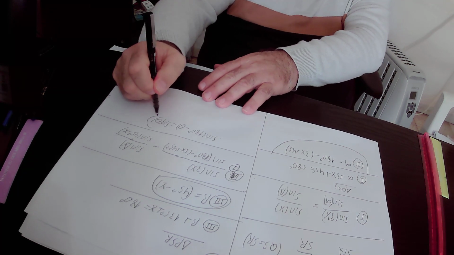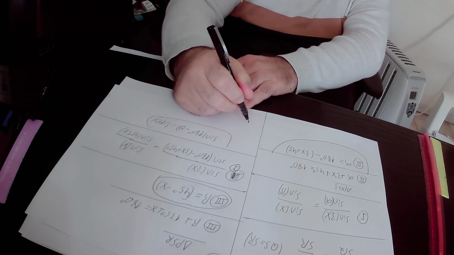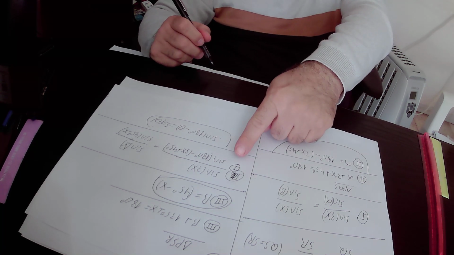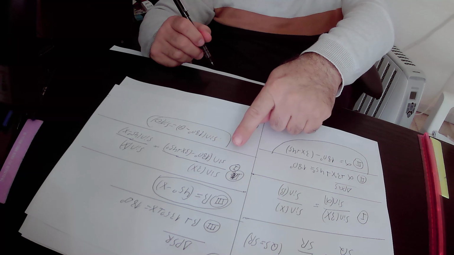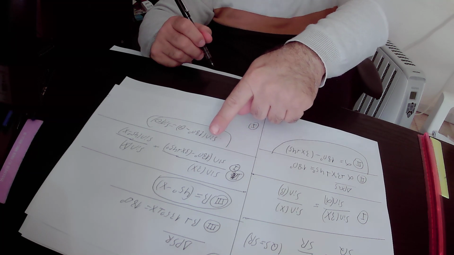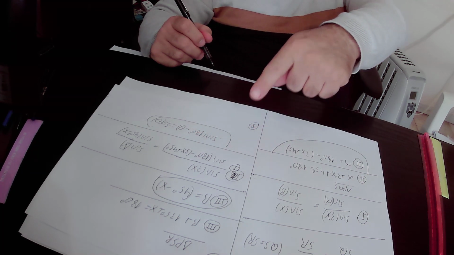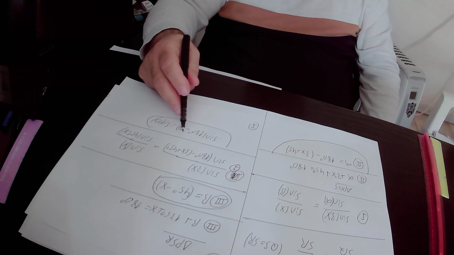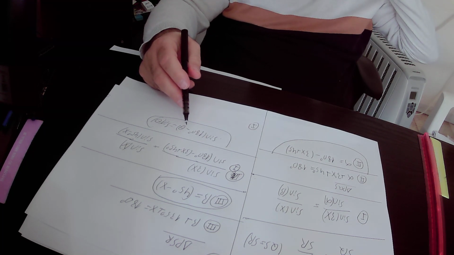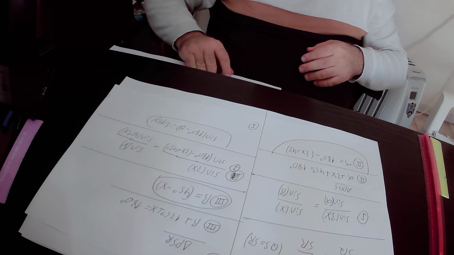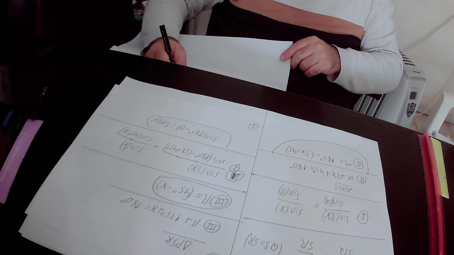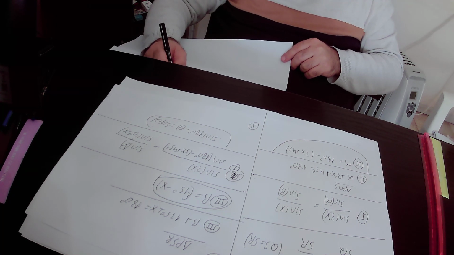According to this trigonometric identity, we will get that sine (180 degrees minus (3x plus 45 degrees)) equals sine (3x plus 45 degrees). Okay, so I write it down.